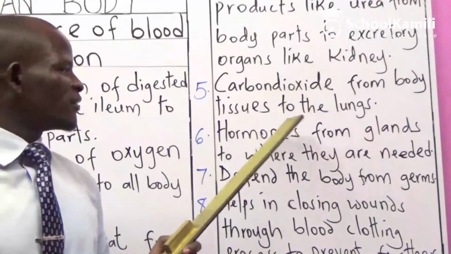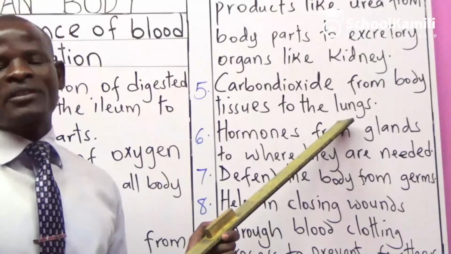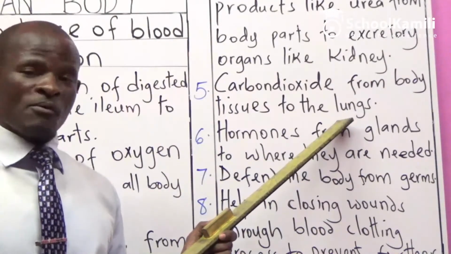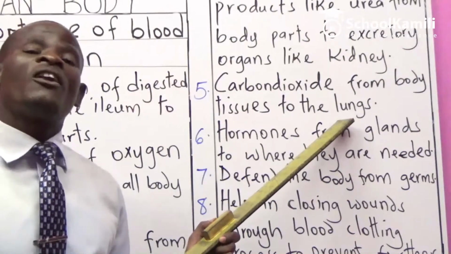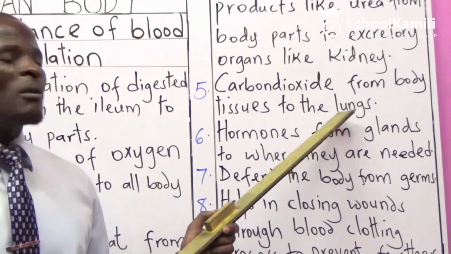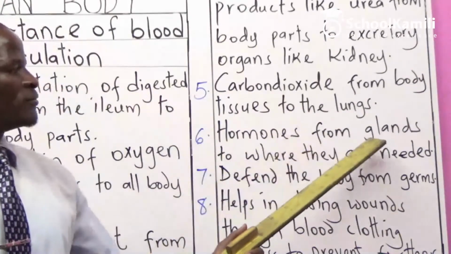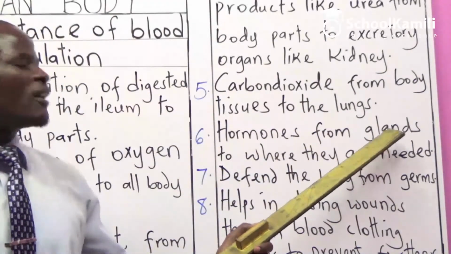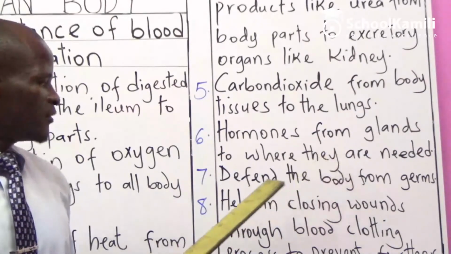Carbon dioxide from the body tissues to the lungs, because carbon dioxide is going to be very harmful to the body. It may not stay within the body for long. If it stays for long, then you endanger your body. Hormones, which are the special chemicals from their respective glands to different parts of the body where they're being needed.